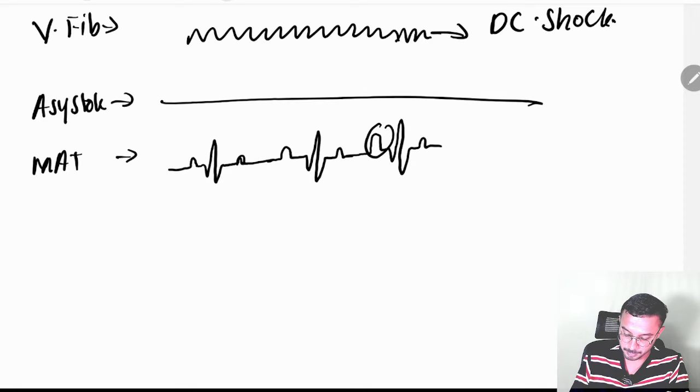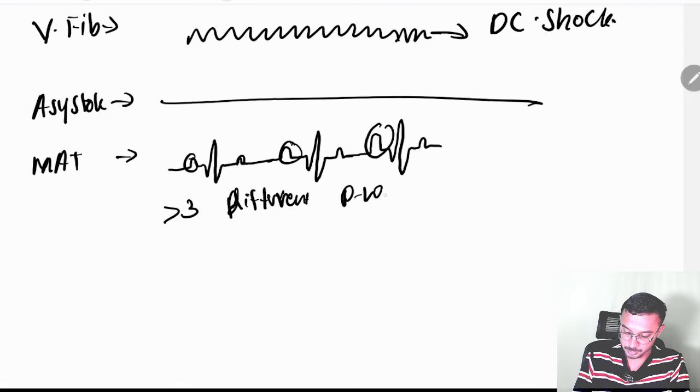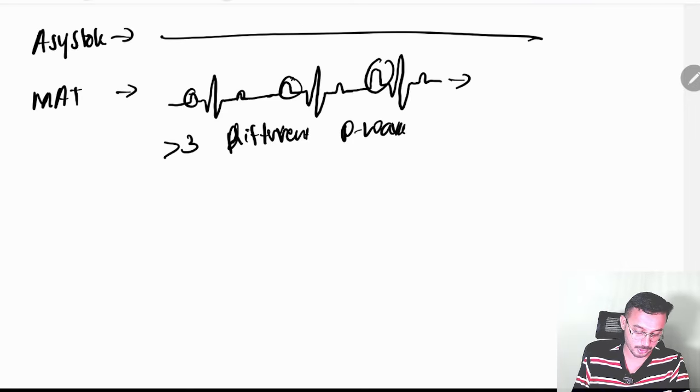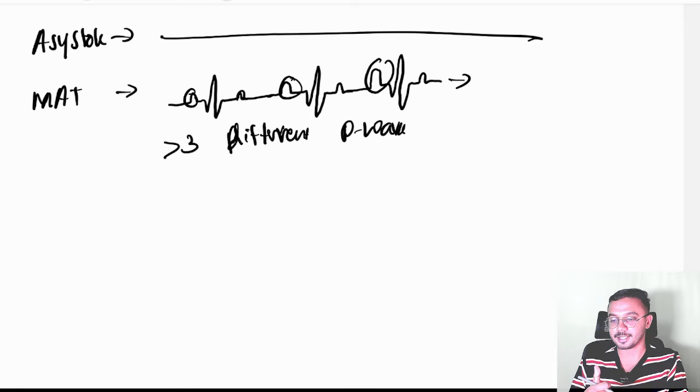The morphology of P, P and P is different, right? Greater than 3 P waves, three different P wave morphologies. So what are you going to use? Verapamil. Verapamil is the drug which you are going to use here. And this is about MAT, multifocal atrial tachycardia.